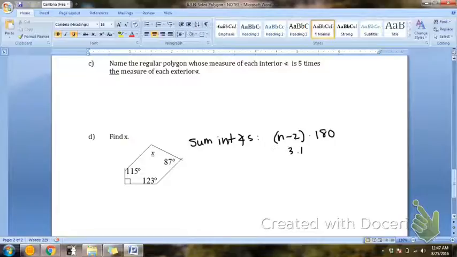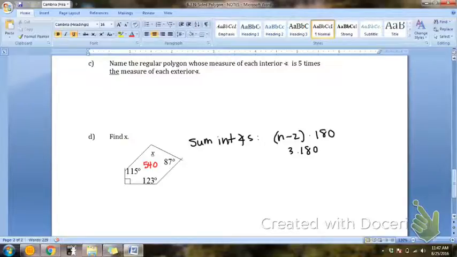So this is 3 times 180. So all of this adds together to be what, Chris? 540. So inside this pentagon, all 5 of these angles add up to be 540 degrees.